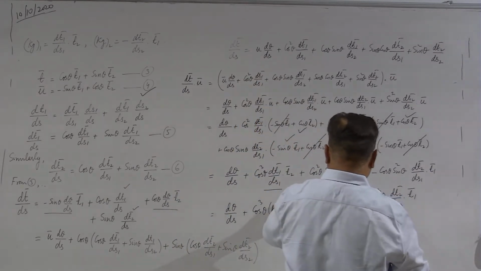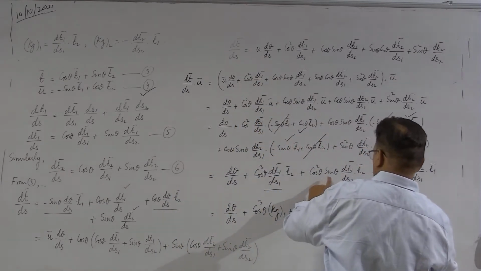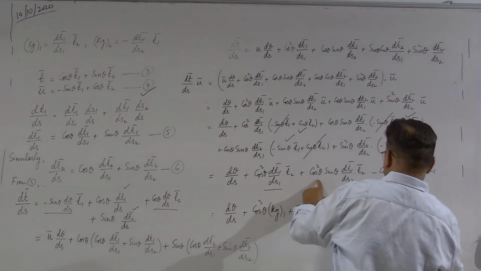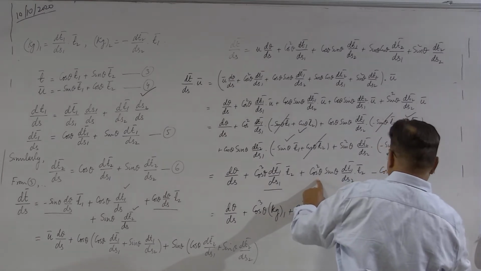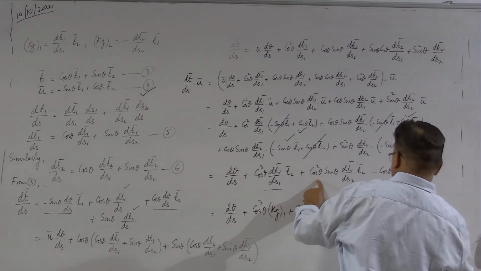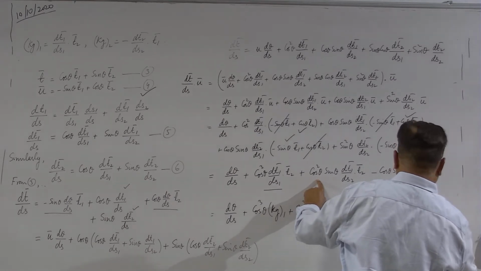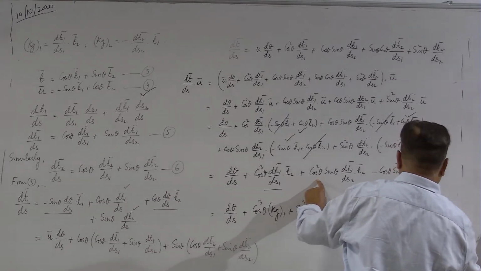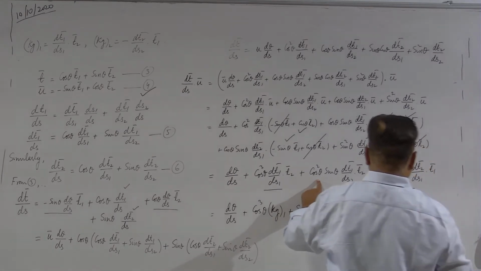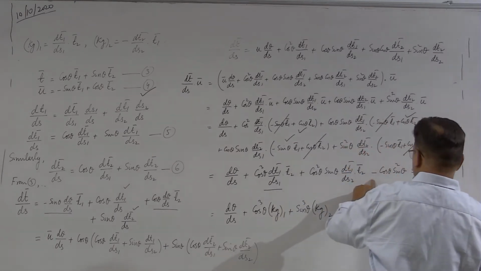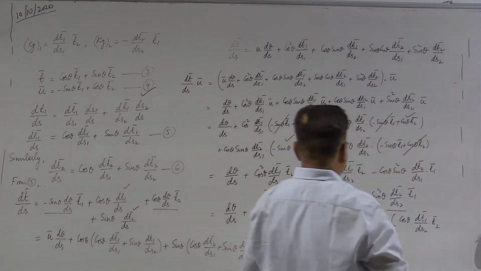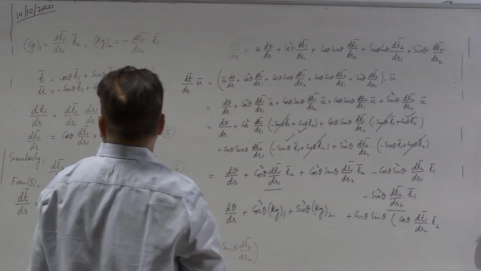So that will become cos theta into dt1 upon ds2. I wanted to make them the same, and this will become minus dt2 over ds1.